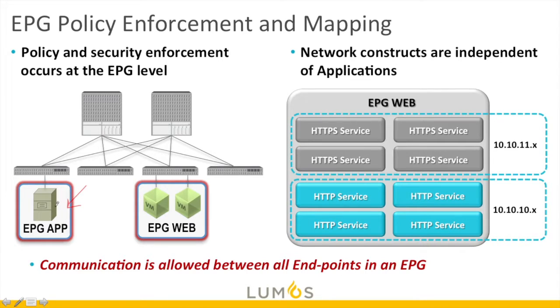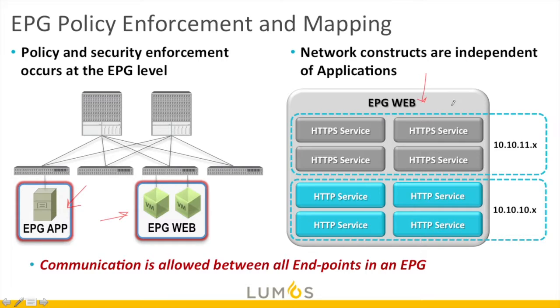Whatever security profiles we have for this EPG, we only have one device in that EPG. It's going to be a one-to-one mapping there. But for the web EPG here, we have multiple hosts inside of that. And if we add a host into that EPG, it automatically inherits whatever security profiles, forwarding profiles, QoS, etc. that we have defined for that EPG.